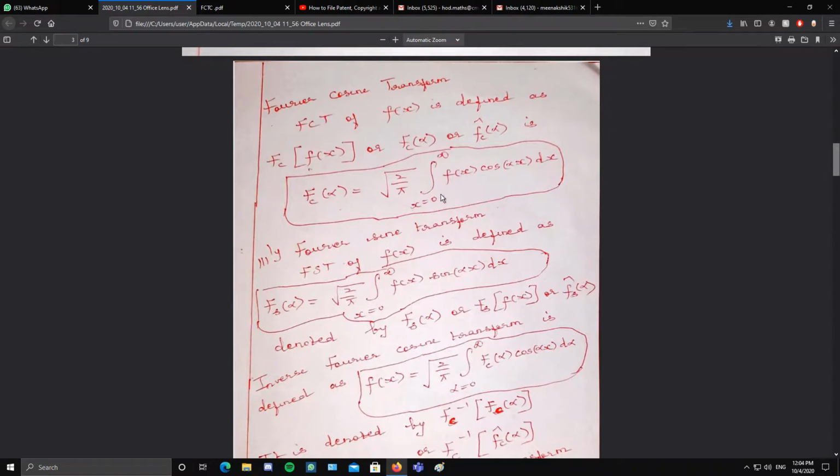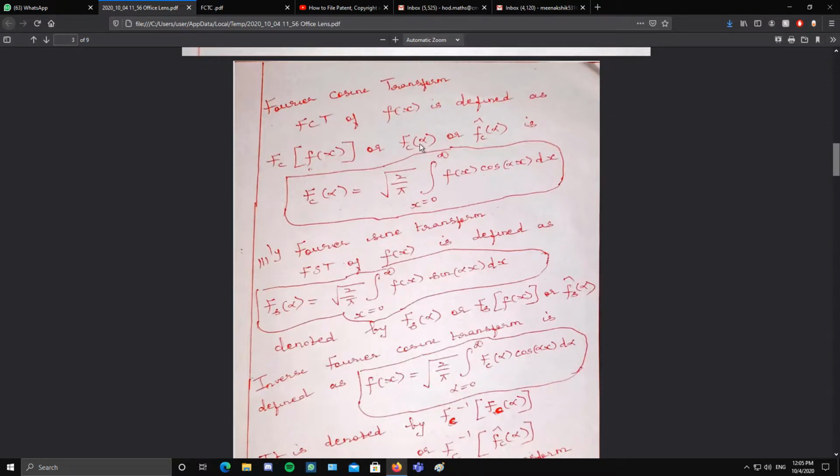That is why we call it Fourier cosine transform. Similarly, sine transform is defined as Fs of alpha, root of 2 by pi integral 0 to infinity f of x sine alpha x dx.